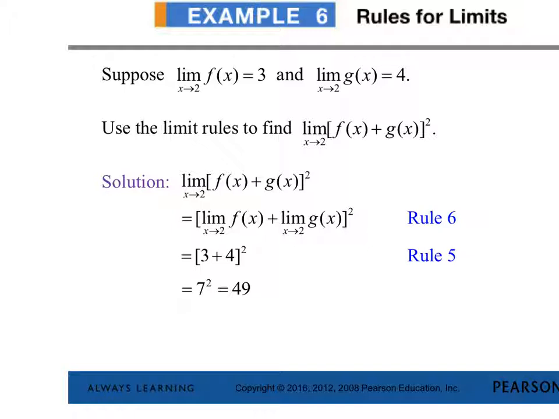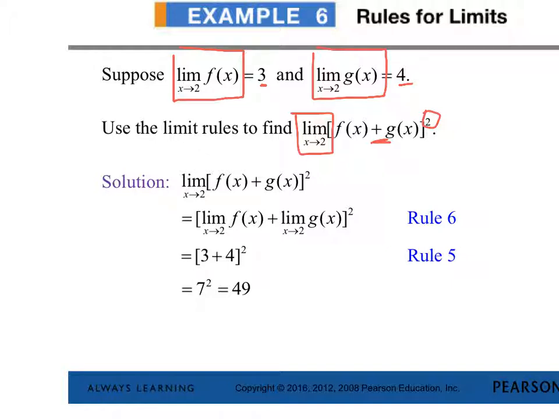So, suppose we have the limit as x approaches 2 of the function f is equal to 3. And the limit as x approaches 2 for some other function, g of x, is equal to 4. And what we want to find is the limit as x approaches 2 of the sum of those two functions squared.